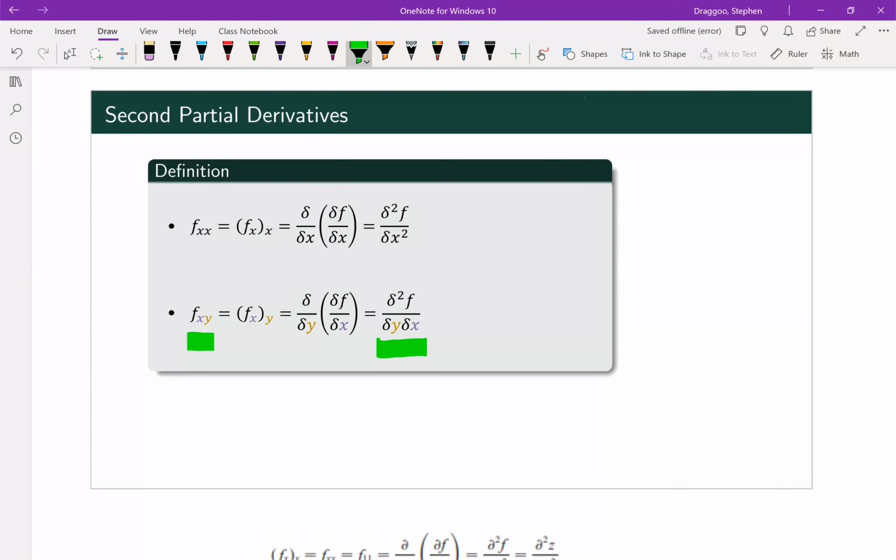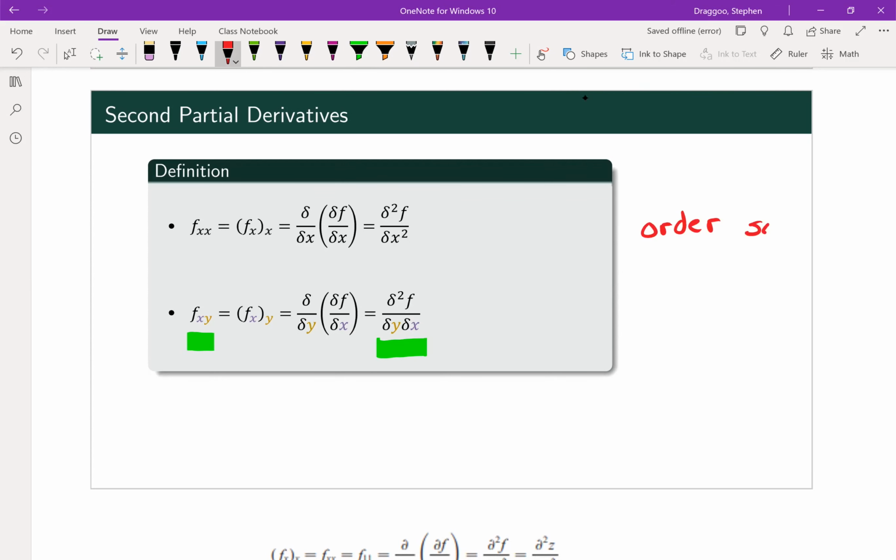So if we're reading the del notation, we actually read our derivatives from right to left. That last term that I highlighted, del squared f over del y del x, says first do a derivative with respect to x because it's the rightmost del on the bottom, and then second take a derivative with respect to y. So order switches between the two notations.